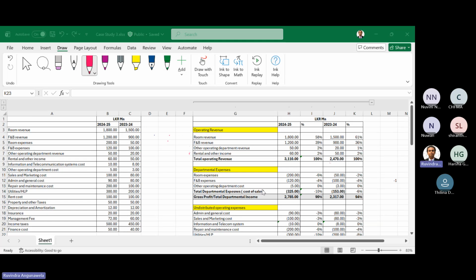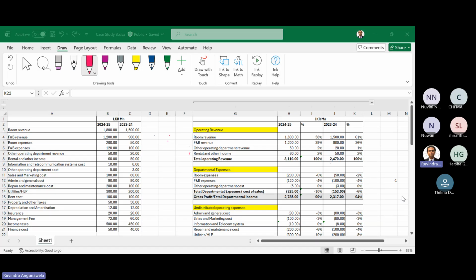Revenue increased. Yes, revenue has increased.